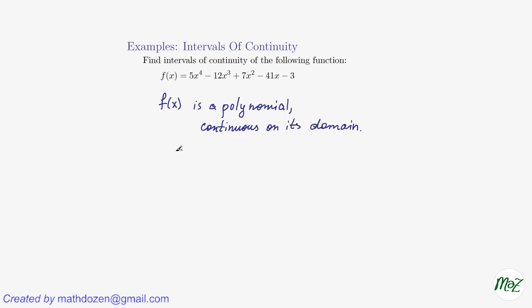What is the domain of polynomial? Domain is all real numbers. Long story short, the intervals of continuity of this function is a single interval between negative infinity and positive infinity.